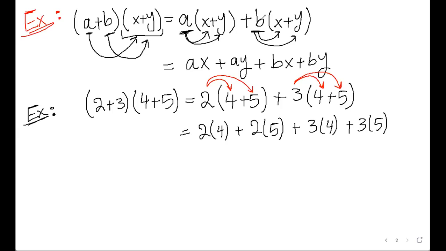So now the answer is again equal to 8 plus 10 plus 12 plus 15. And this is equal what? 45.